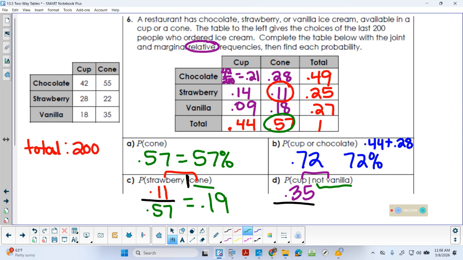It's totally up to you. My vanilla total for cup and cone is 0.27. So I think the easiest is to do the complement. If the probability of getting vanilla is 0.27, not vanilla, I would subtract it from 1. So what's 1 minus 0.27?